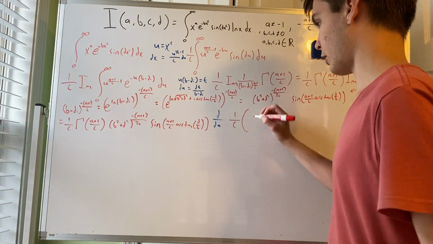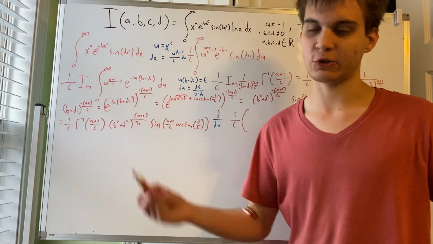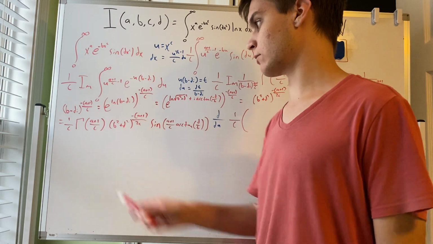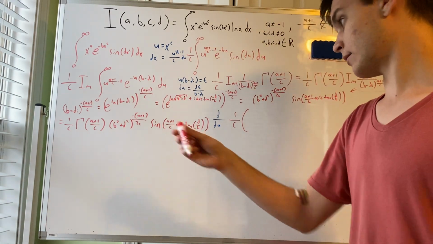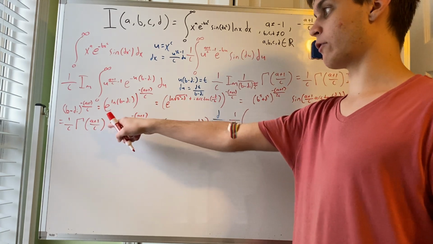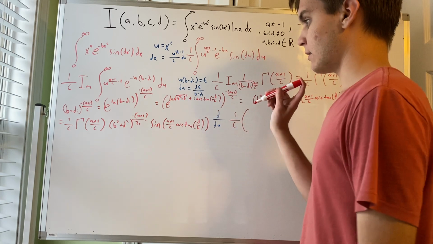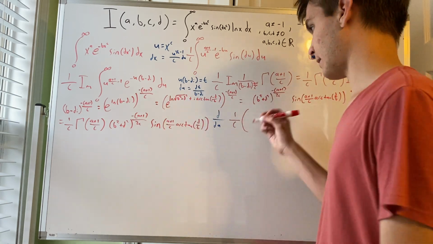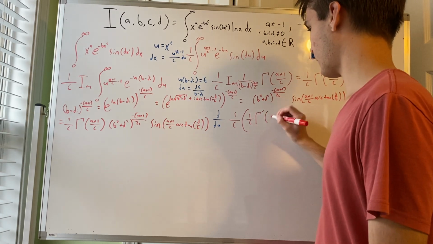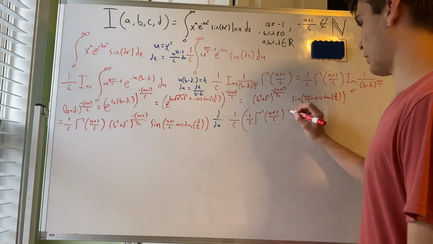So first, when we differentiate the gamma function, we just write gamma prime. But by the chain rule, we have to multiply by 1 over c, because that's our coefficient of a. We can split this as a over c plus 1 over c. The 1 over c differentiated goes away, and the 1 over c is our coefficient of a. So we have 1 over c, gamma prime, a plus 1 over c, and then we just keep everything else the same.